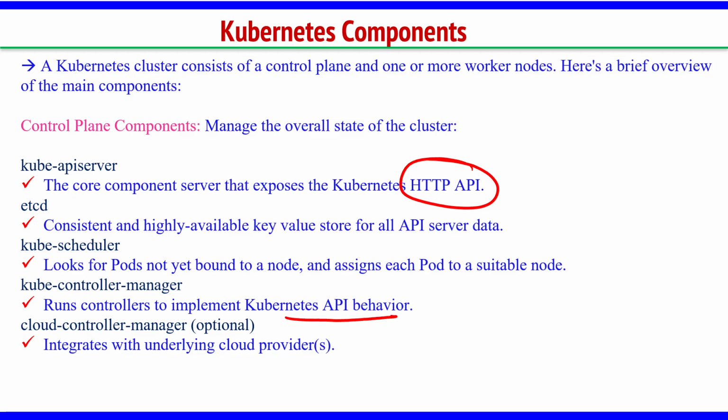So the controller manager's job is to take care of whatever request has come from the outside customer, whether it is being satisfied properly, whether it is being answered properly or not. That will be taken care of by the controller manager, right. And then we have the cloud controller: if there is an underlying cloud provider, to coordinate with that cloud provider we have a cloud controller manager.